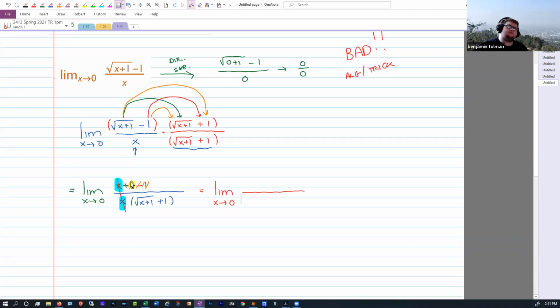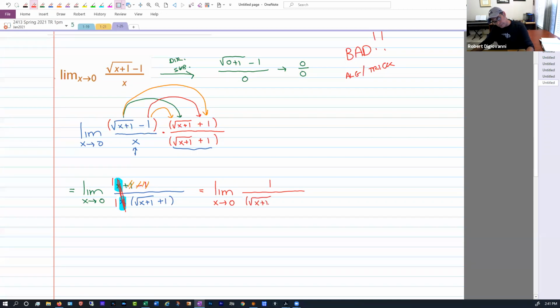Not 0. When we cancel this x, we're really just reducing it to 1 over 1. So there's a 1 up here. And in the denominator, don't we have this? We never dealt with that, did we? No. But it's okay now, because the part that was causing the problem, the x, we got it to cancel.